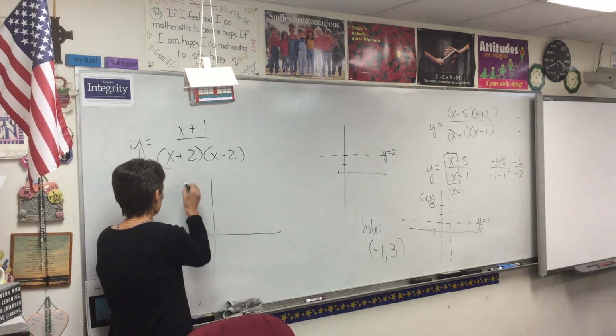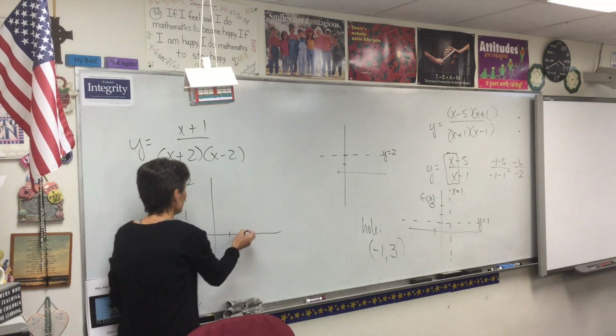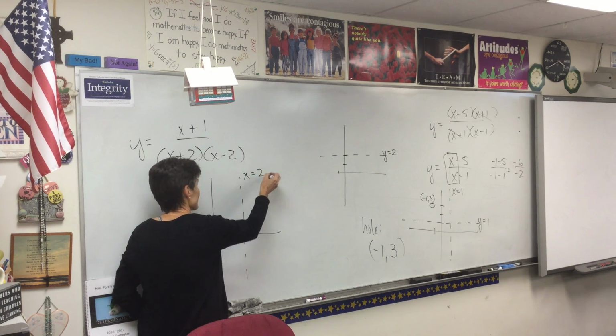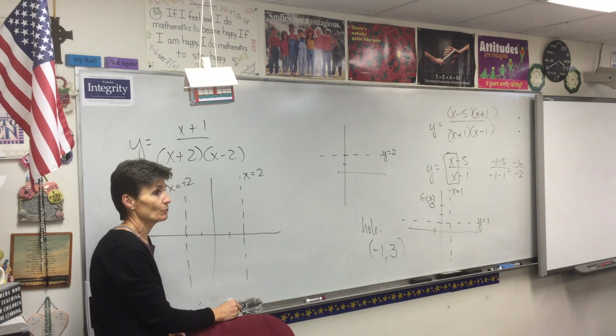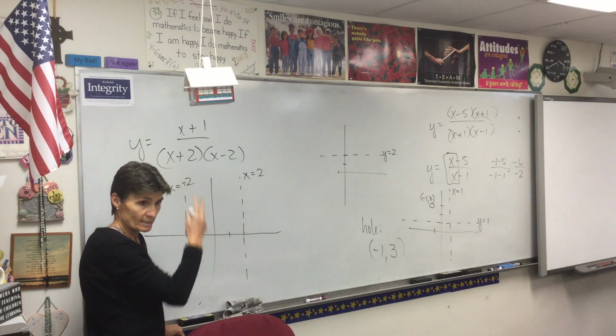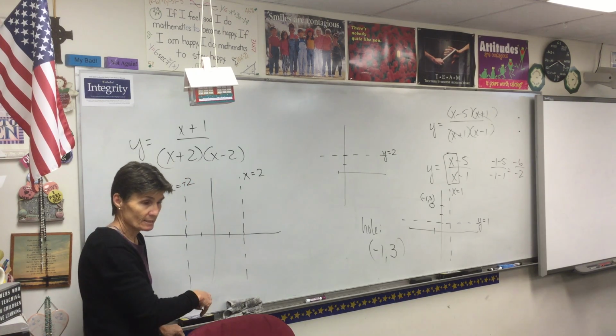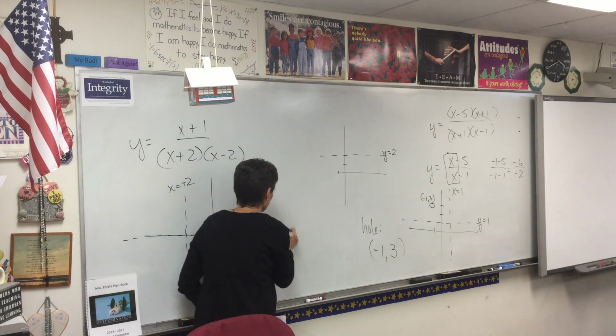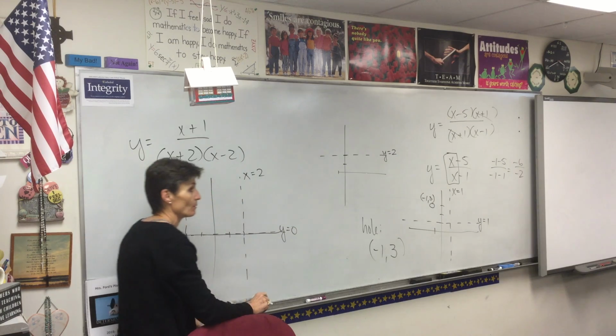I'm going to have a vertical asymptote at x equals negative 2, and another vertical asymptote at x equals 2. X equals negative 2, x equals positive 2. Maybe a horizontal asymptote. The horizontal asymptote is going to be at y equals 0.